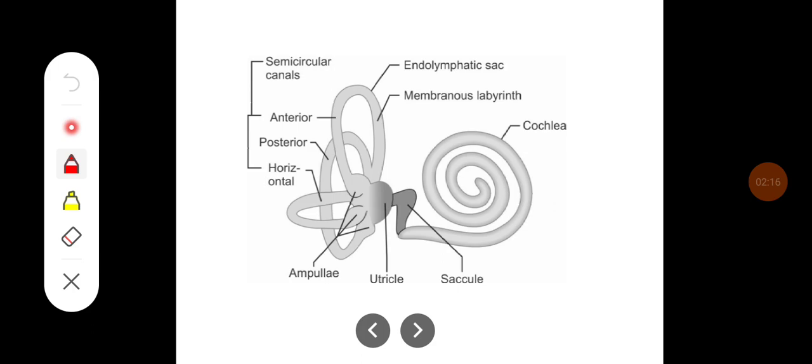So this is the structure of the membranous labyrinth, where it shows the cochlea, saccule, utricle, and three semicircular canals, anterior, posterior, and horizontal, which are situated 90 degrees to each other.